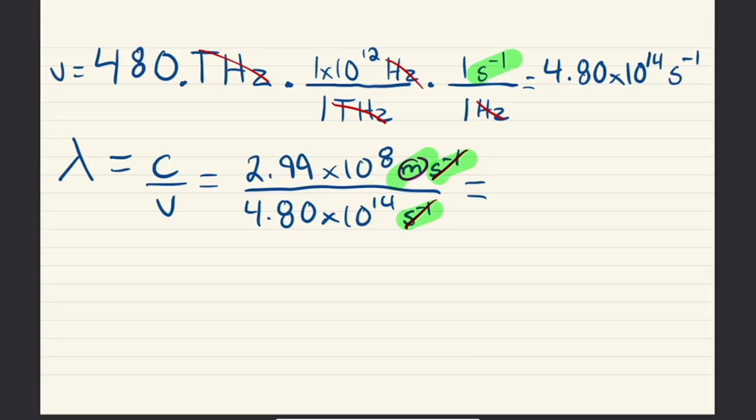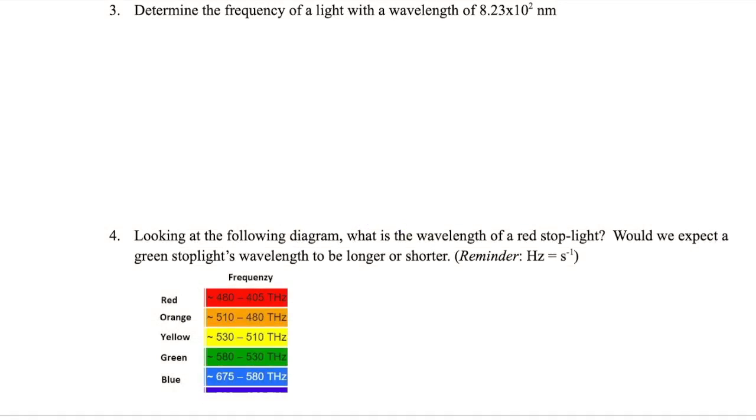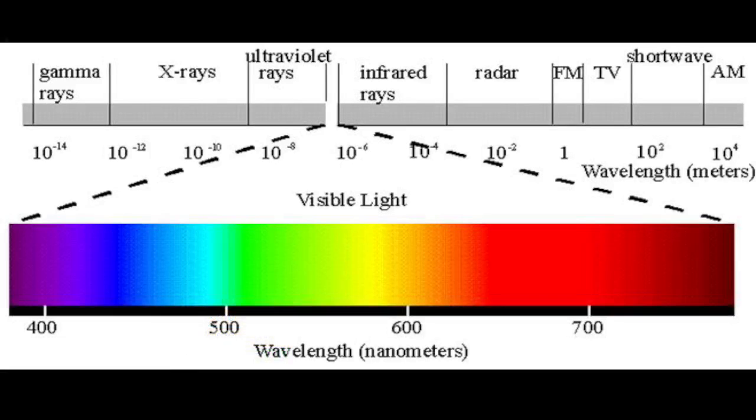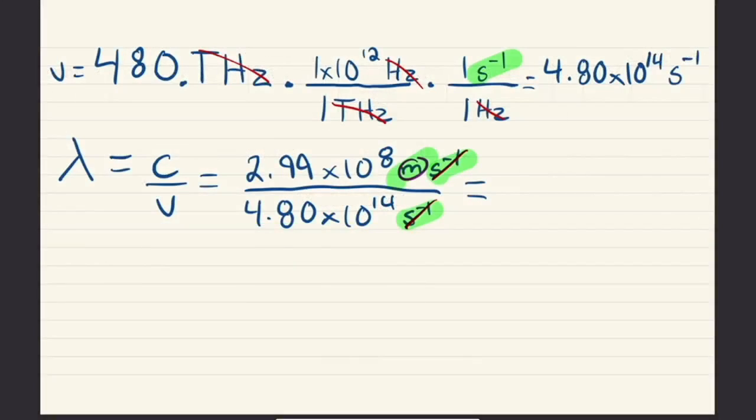Now, as it pertains to the second part of this, would we expect a green stoplight's wavelength to be longer or shorter? Well, if we took a look at our wave image, we see that red has a longer wavelength in nanometers than green. So we could justify that using this type of image, but we should also be able to justify this mathematically. What do I mean?